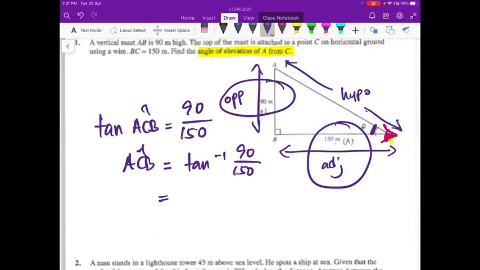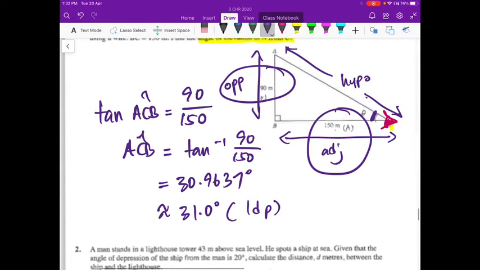Okay, so inverse tangent, 30.9637. So this is in one decimal place, 31.0 degrees. You circle the second DP, draw an up arrow, then up again. Plus 9 carry over to become 31.0.